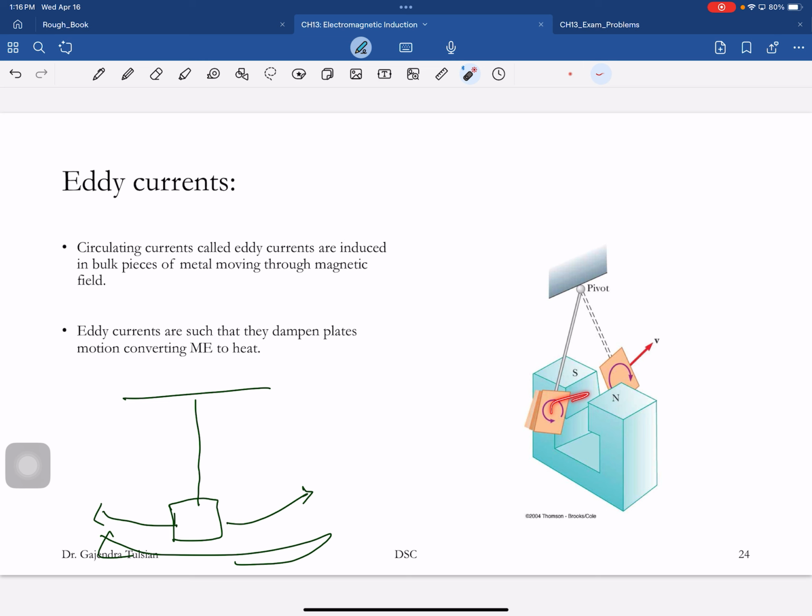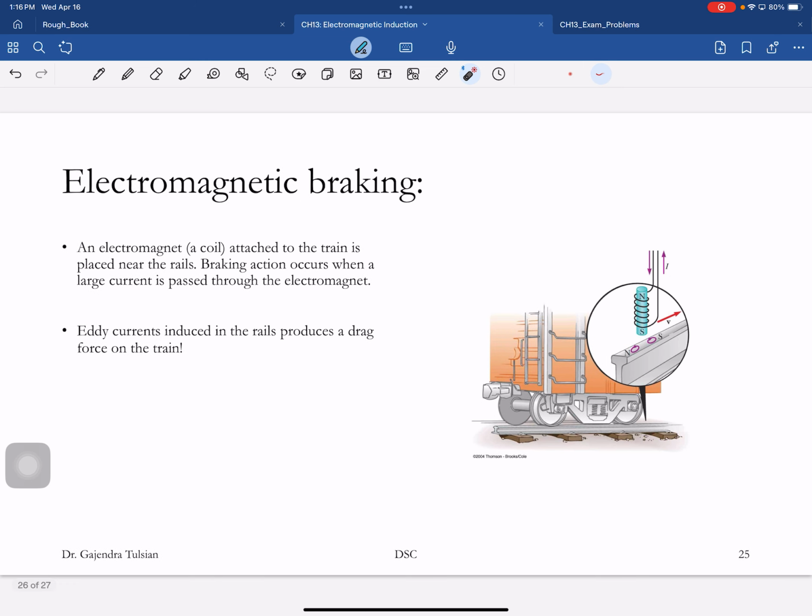Now, this is not just of academic interest. You can use this to stop trains. This is called electromagnetic braking. So here's a train, and there's the tracks. This train has these coils which hang close to the track. I guess it doesn't show you the coils, but anyway, here they are.